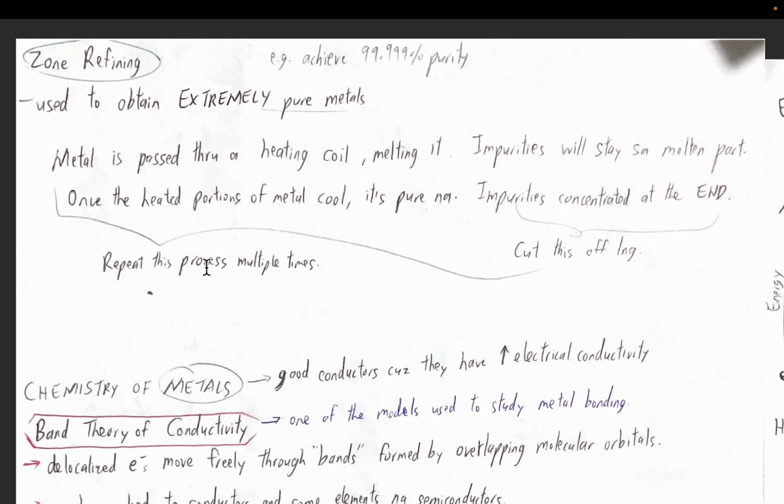And that explains why we repeat this process multiple times. Essentially, in every round, impurities are concentrated at the end, at the last portions of that piece of metal. So, in response to that, you just cut that off. Okay? So, that's basically it.